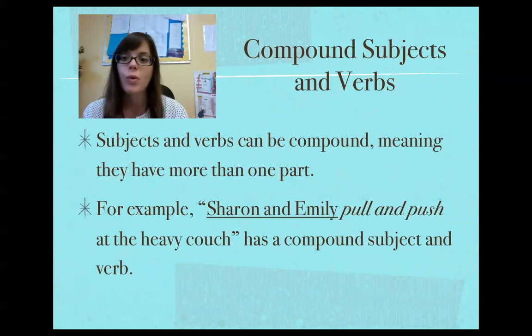Okay? So what I want you to go ahead and do is 1 through 4, and I want you to do the same thing we've been doing. Okay? But this time I want you to make sure you're looking for possibly 2 subjects and possibly 2 verbs.